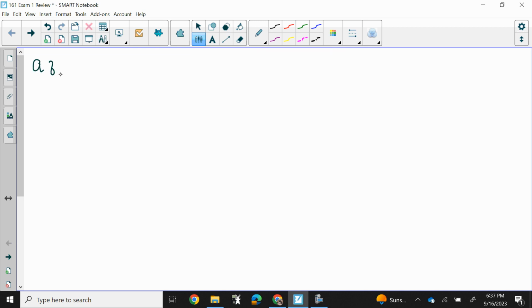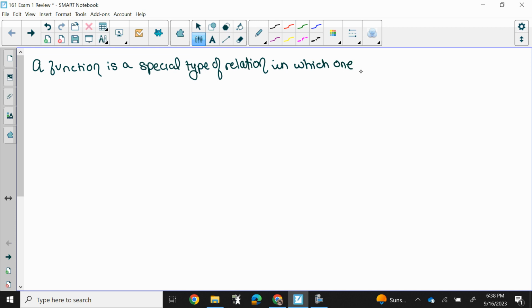So a function is a special type of relation in which one element of the domain is paired exactly with one element of the range.